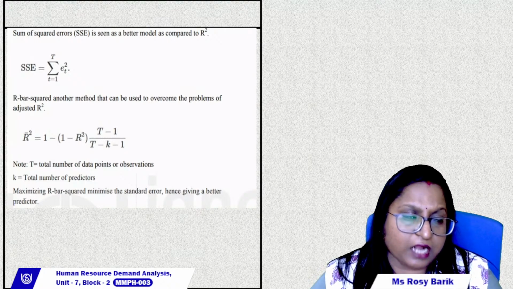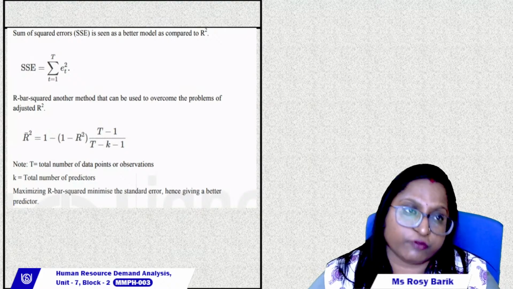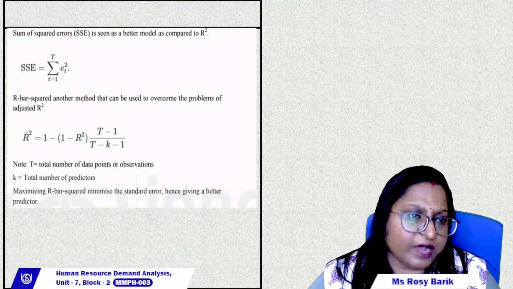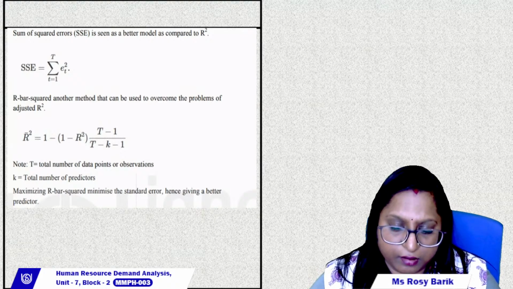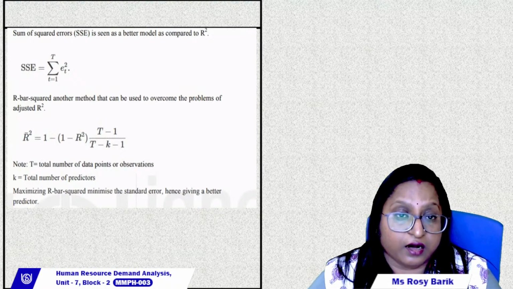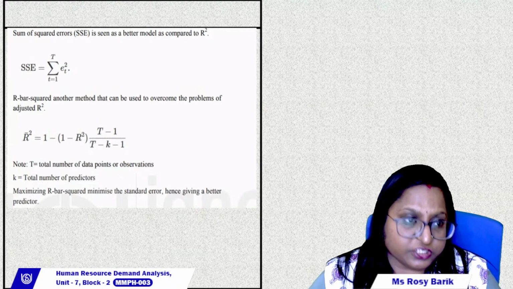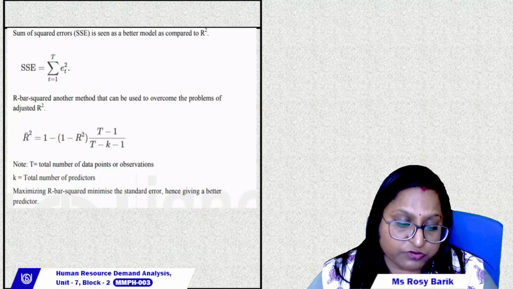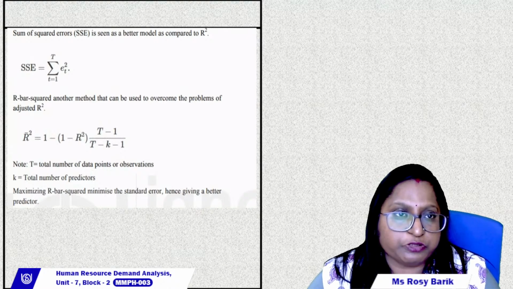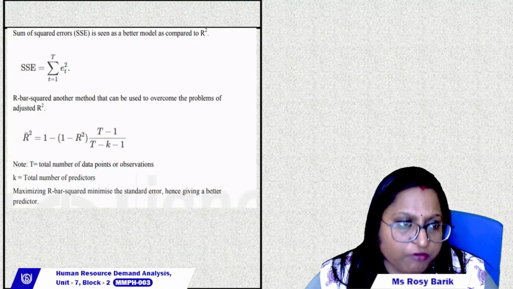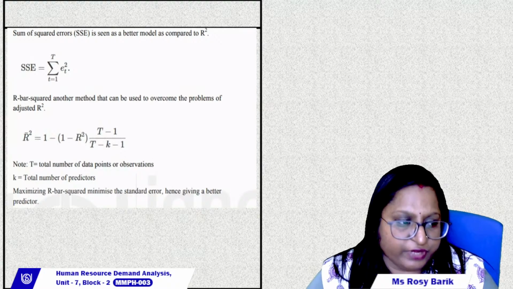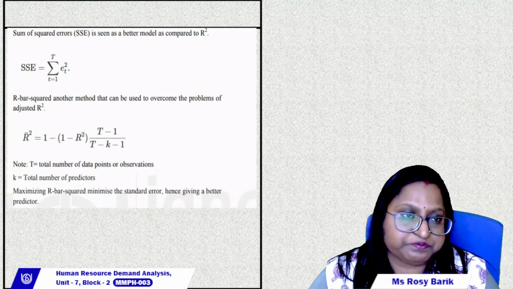We can also calculate the sum of squared errors or R bar square, which can be beneficial instead of R square. That means the problems identified through the adjusted R square can be solved with R bar square, with the formula.